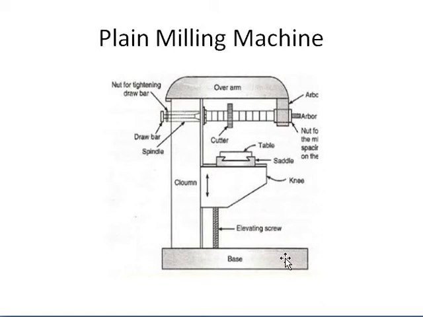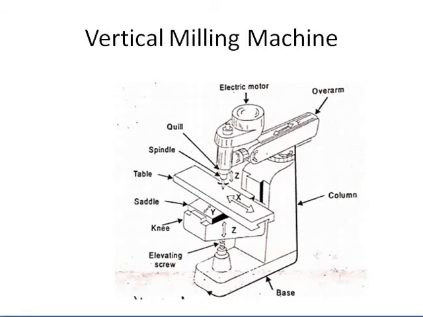The arbor carrying the cutter rotates about a horizontal axis. Except swiveling, the table can be given motion in three different directions: longitudinal, vertical and crosswise. Next we'll be discussing the vertical milling machine.